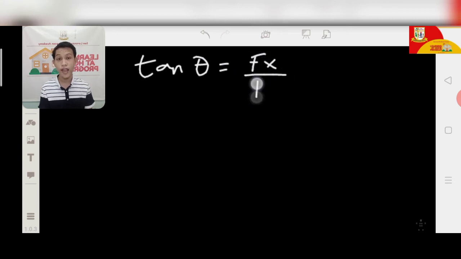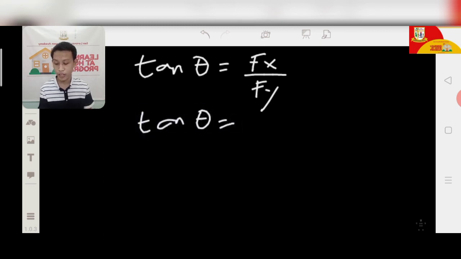Next, we will get the direction of the resultant vector using the tangent function. Tangent theta is equal to f of x over f of y. Do you still remember our f of x and f of y?